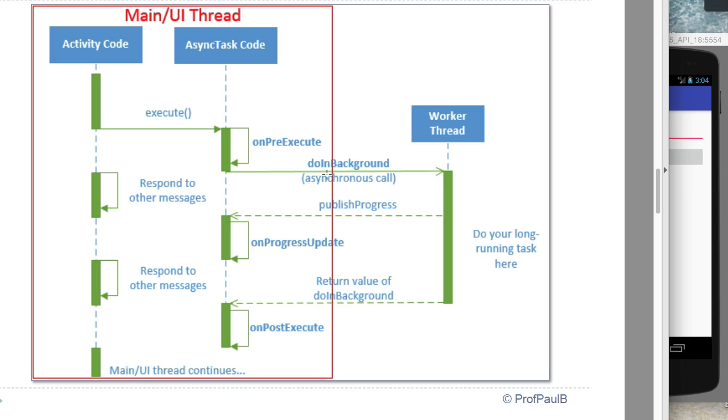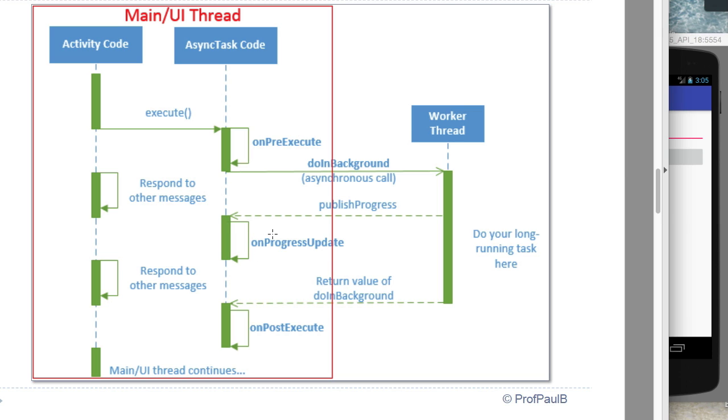And notice now we're going outside of the UI thread. Now a worker thread is spawned, and we do all of our long running task on the worker thread. What we can do is call the publishProgress method, and that will send a message to our UI thread, and this message will be received, once it's processed by the thread, by the onProgressUpdate.